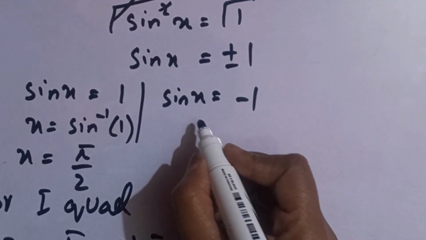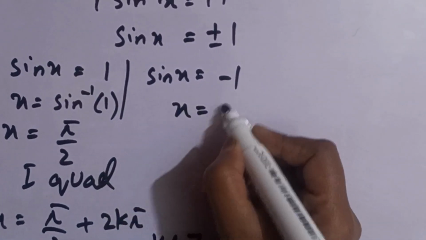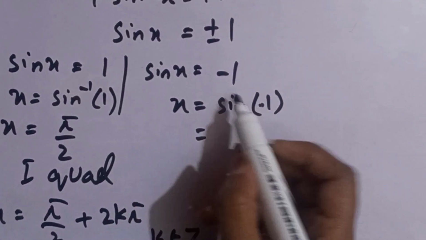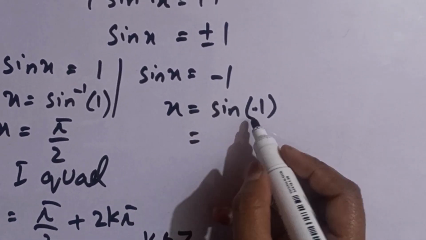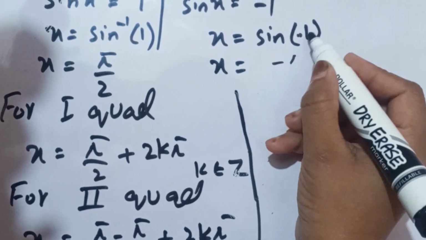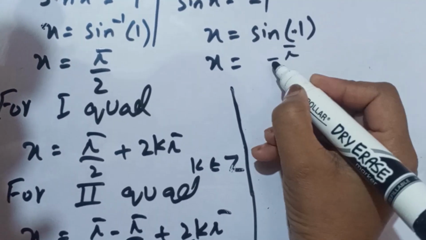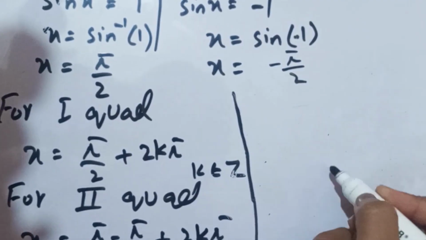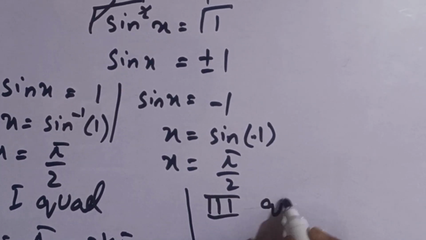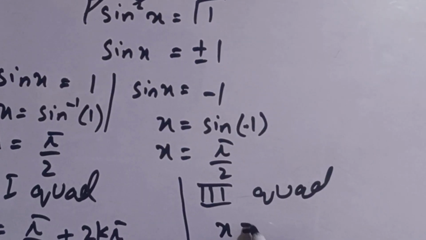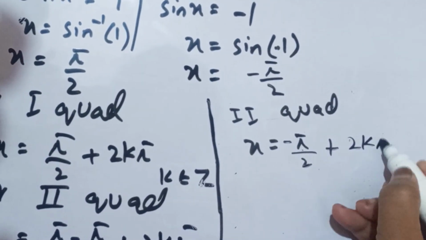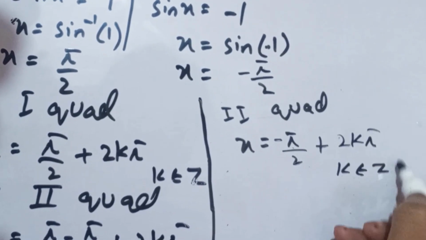Now simplify this, we get x is equal to sine inverse of minus 1, and we discuss this negative sign later. Sine inverse of minus 1 is equal to minus 90 degrees, and in radian minus pi over 2. Sine is negative in the third quadrant, so for the third quadrant x is equal to minus pi over 2 plus 2k pi, and k belongs to a positive integer.